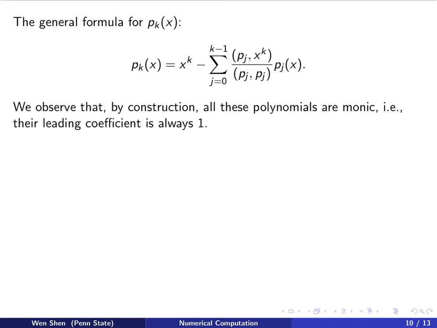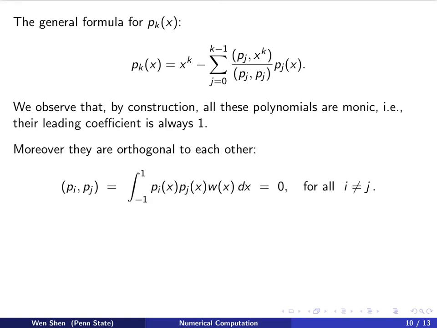So some observations. By this way of construction, we see all the polynomials are monic, that is, the leading term, the term with the highest power, would always carry coefficient 1. Moreover, all these functions are orthogonal to each other.